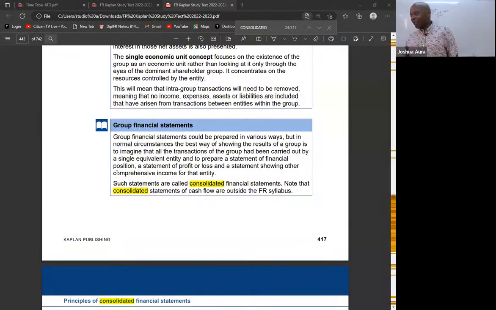Group financial statements. I'm still laying the ground; we haven't started doing anything great. I'm still laying the foundation. We are told here that group financial statements could be prepared in various ways.